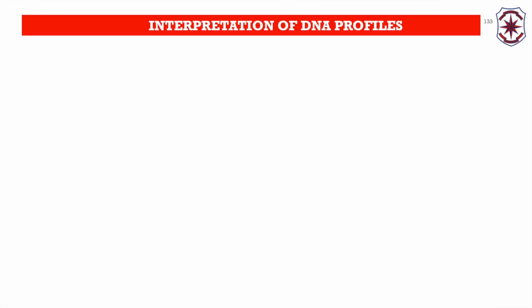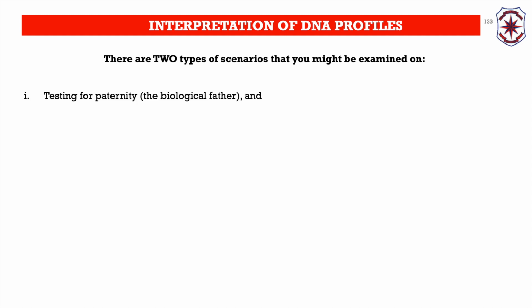Now we are going to be doing some interpretive work on determining certain individuals using DNA profiling. So there are two types of scenarios that you might get in the exam. You might be tested on, firstly, paternity.